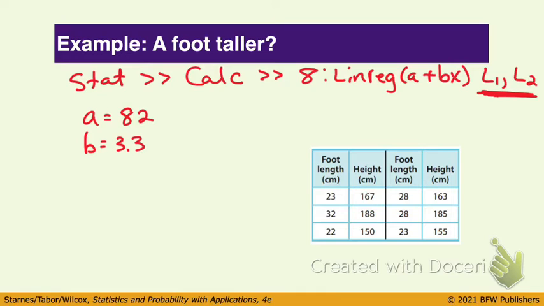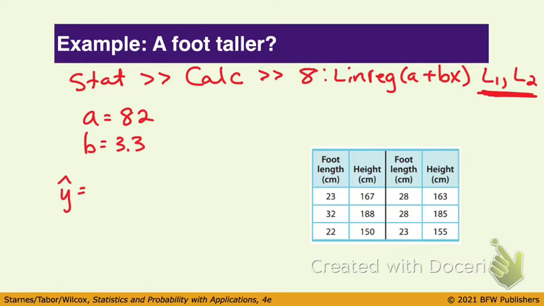All right, cool. So how do I use that to write the equation of the line? So y hat, do you guys remember what the hat stands for? The hat stands for the fact that this is a prediction, not an actual y value. So these are going to be predicted values, not actual y values.